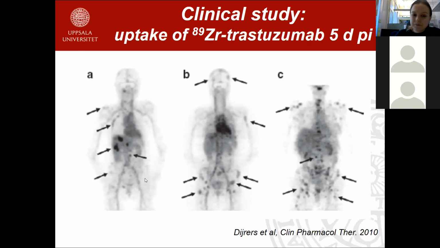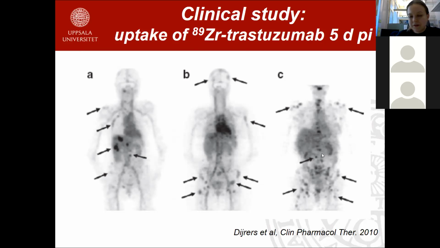So you see this blurred gray is basically your background level. Because trastuzumab has a very long half-life, it's not ideal for imaging, but it's something that people like to use because it's convenient.